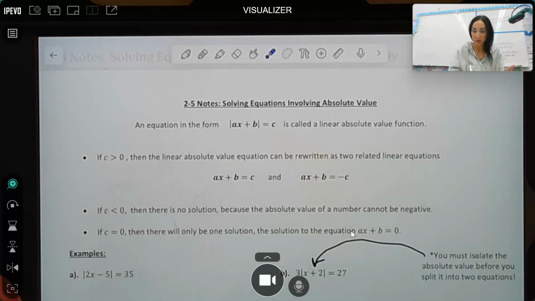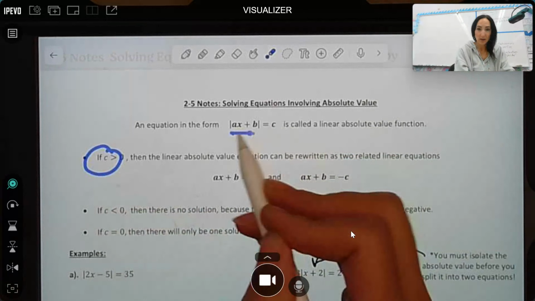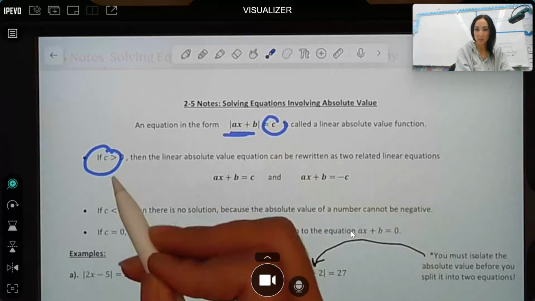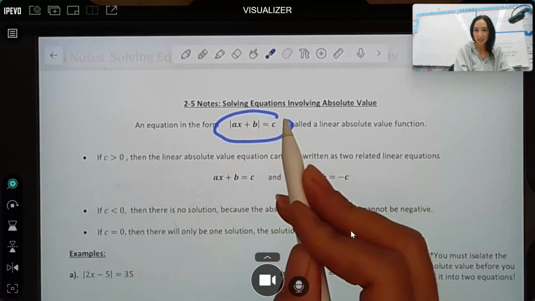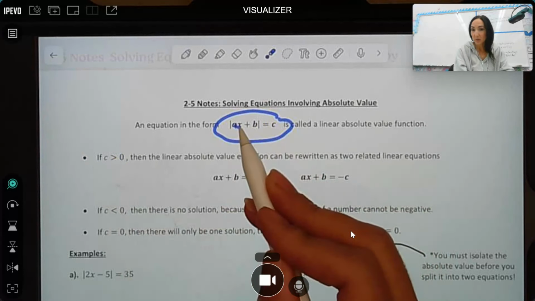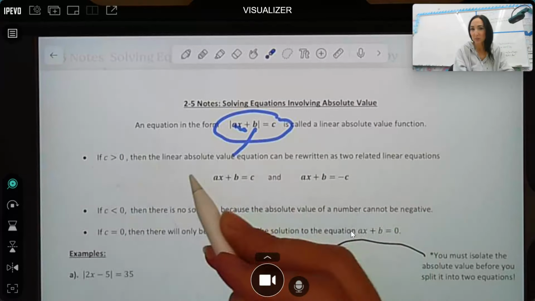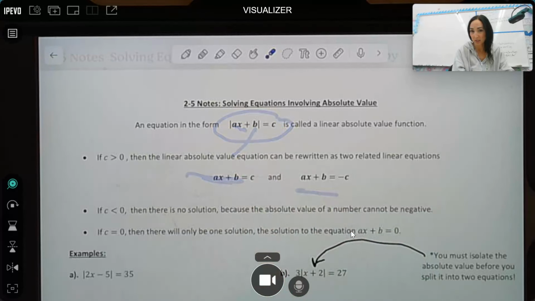solve both. So if this absolute value is equal to a positive number, so if it's greater than 0, we're going to take this equation, and to get rid of the absolute value bars, it gets split into two different equations.